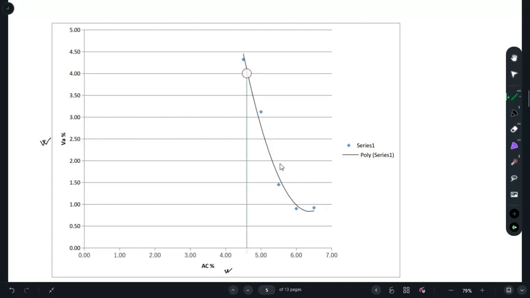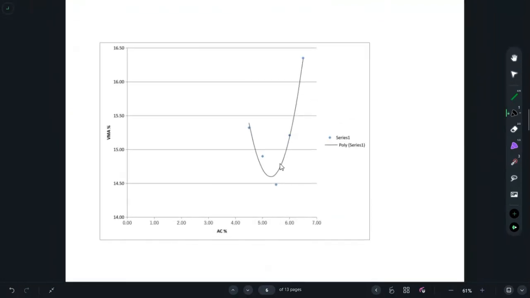So it will come over here, and let's claim that the amount of asphalt here is between 4 and 5, so it would be more than 4.5. Let's say it is 4.65 percentage of bitumen, and we'll claim that this percentage of asphalt content is optimum if the other five criteria are fulfilled.